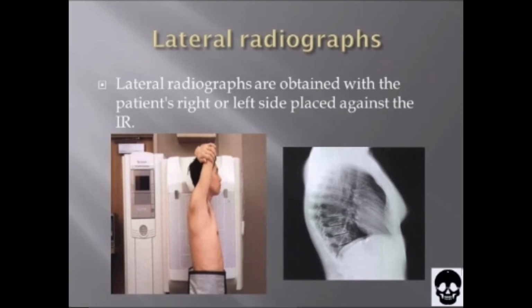Another way to describe this is to display the radiograph so that the side of the patient closest to the IR, or image receptor, during the procedure is also the side in the image closest to the illuminator.